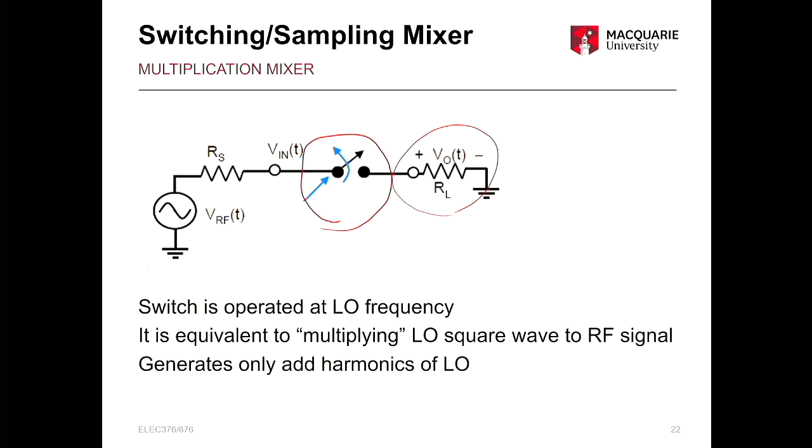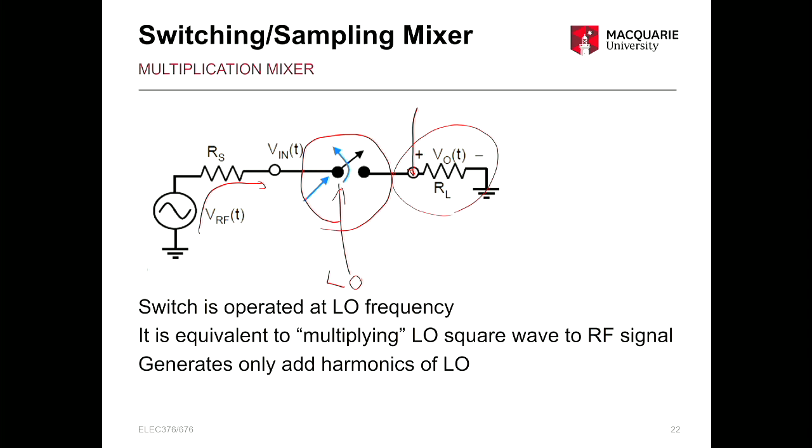So this is a very simple representation of that circuit in this diagram. Your RF is here, you're feeding it in, and your switch, you're operating at a low frequency, and you're taking your output at the load resistor. And as I say, we will see soon that this is the same as mixing action. Any questions? Isn't it a multiplying function here? When your switch is open, you get 0. And when your switch is closed, you get a 1.